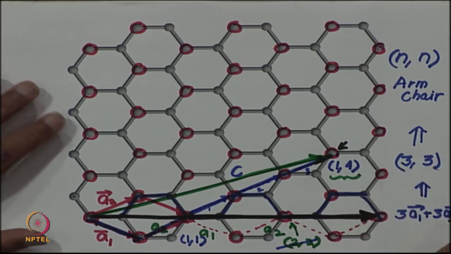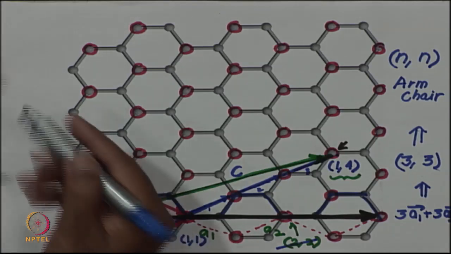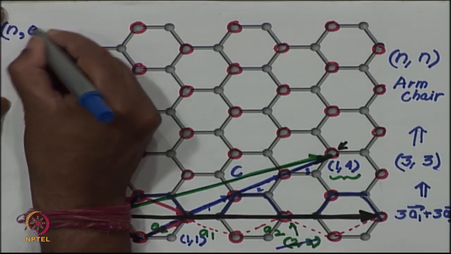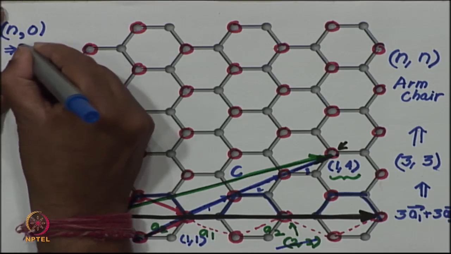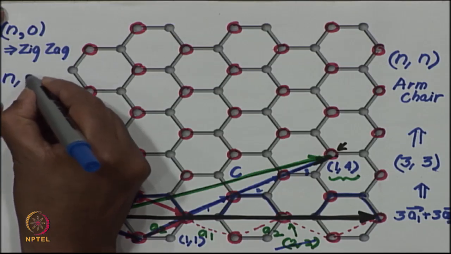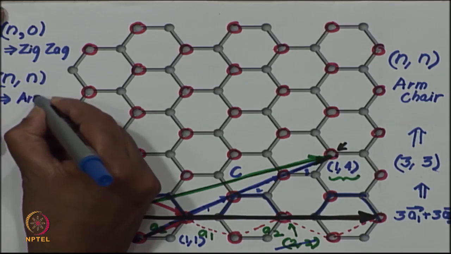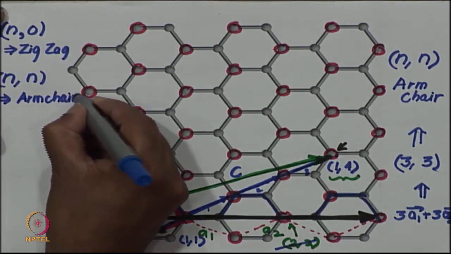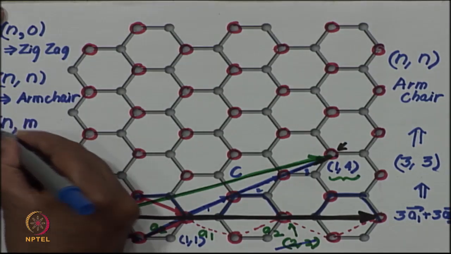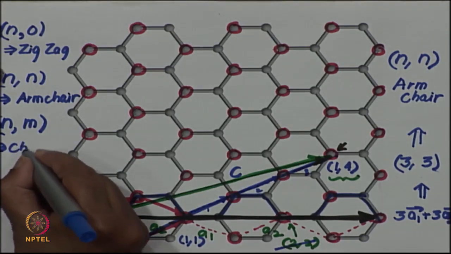Armchair and zigzag were achiral, this will be a chiral nanotube. So, in summary, in n,m notation, if one of the components is 0, n 0, this will be zigzag. If both are equal, n n, then we have armchair. And if neither is 0 nor they are equal, we have n m, then you have a chiral tube.